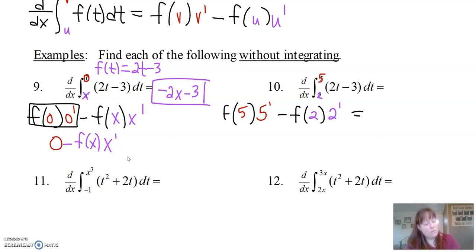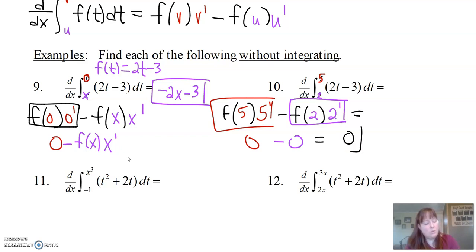Okay, well, what does that equal? Well, first we have the derivative of a constant, and the derivative of 5 would be 0. So this entire thing becomes 0. And then we have the derivative of another constant. The derivative of 2 is 0. So that becomes 0, and the whole thing equals 0.